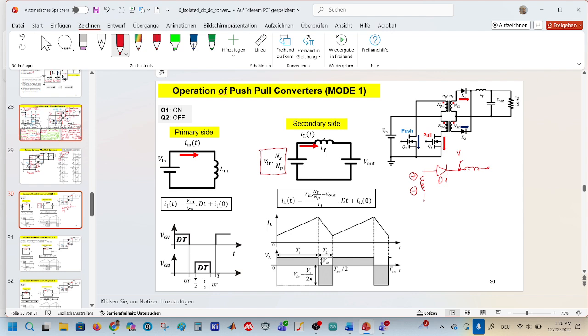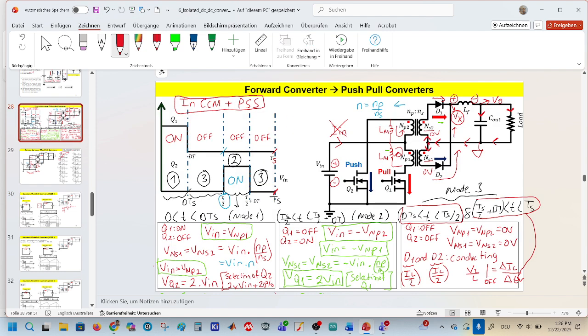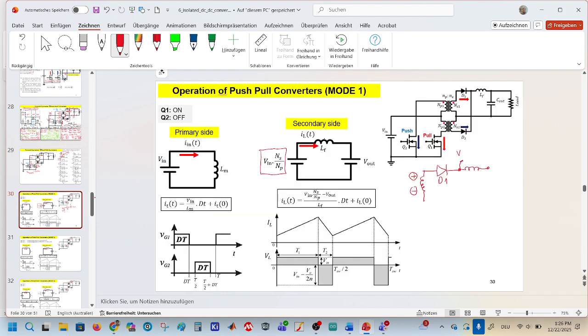We call it V of X, and this was the output voltage, and this is our load.